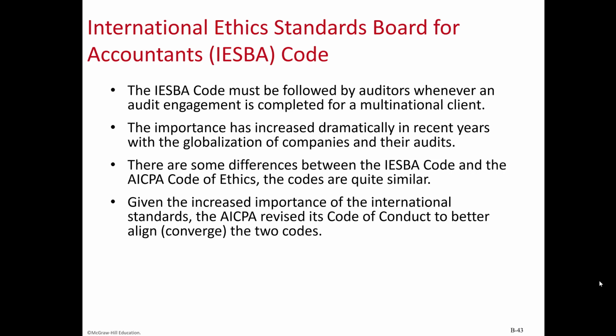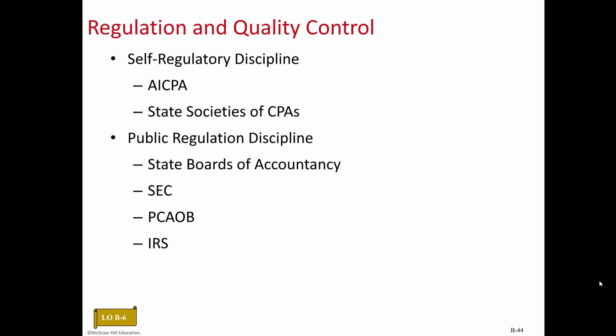So there are some differences between the IESBA code and that of the AICPA Code of Ethics, but their codes are overall quite similar. So given that we have this increased importance of the international standards, the AICPA has revised their code of conduct to converge with these two codes.